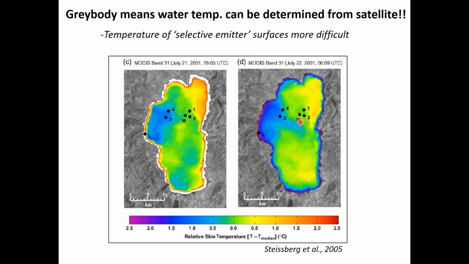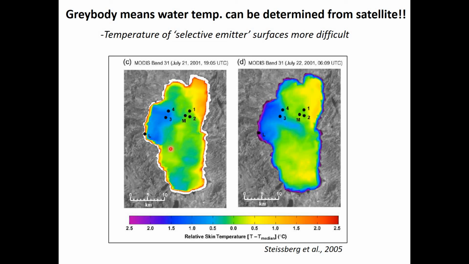Because we always know the emissivity of water, we can reliably determine temperature from satellite imagery. We just measure the radiance from a satellite, and we use Planck's equation to estimate the radiant temperature, and then we know that radiant temperature is essentially 95% of what the true kinetic temperature would be.